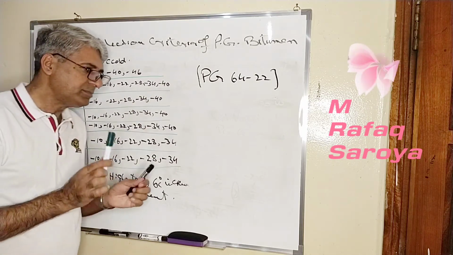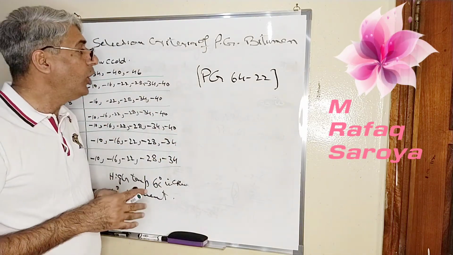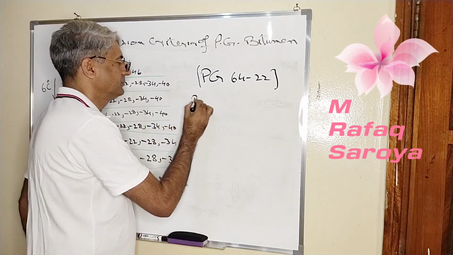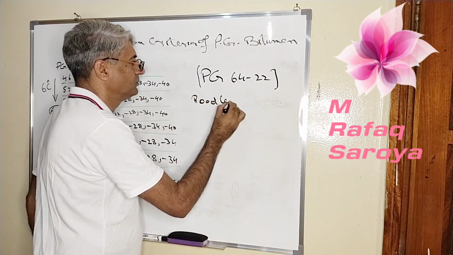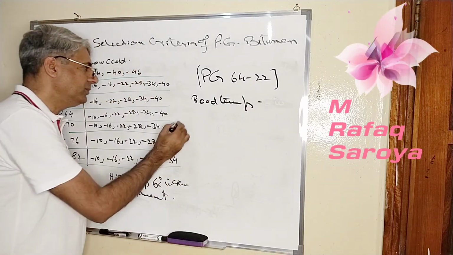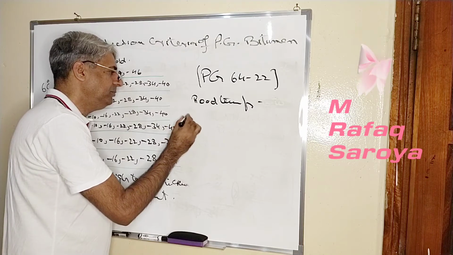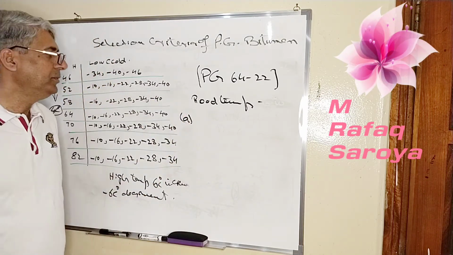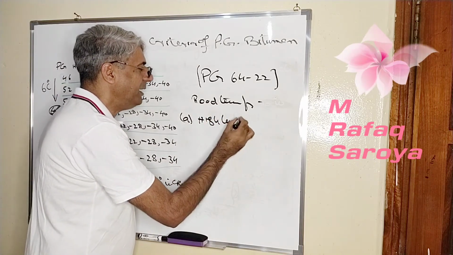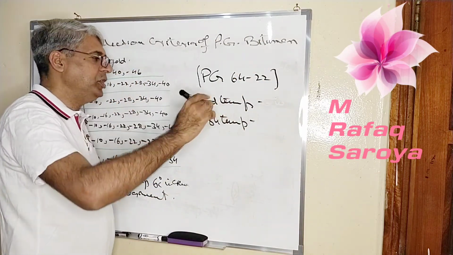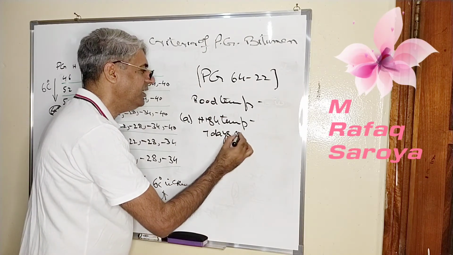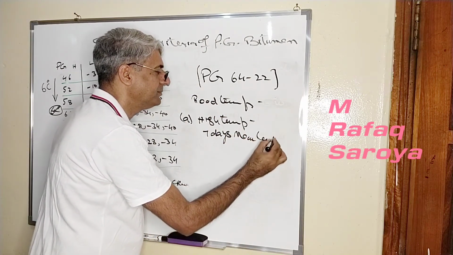Next, keep this in mind. How will you measure the road temperature? Again, two conditions. First condition, for high temperature, as in my previous video, I explained the 7 days mean temperature.